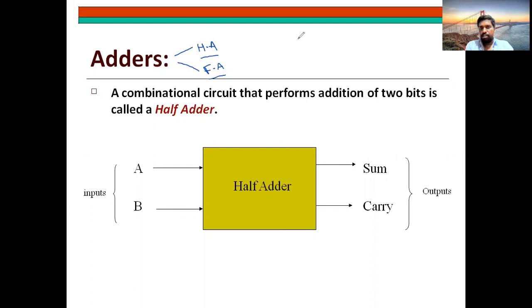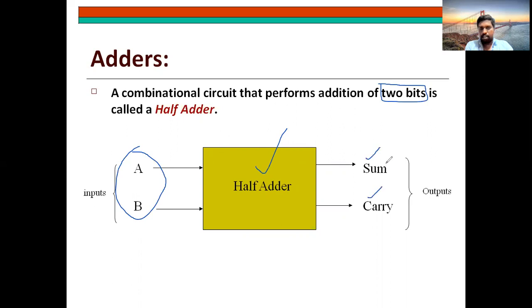So what does half adder mean? It is a combinational circuit that performs the addition between only two bits. Please remember this. If the addition is done between only two bits, it is called a half adder. You will have only two inputs. When you perform addition, you will generally get two outputs: one is sum and one is carry.